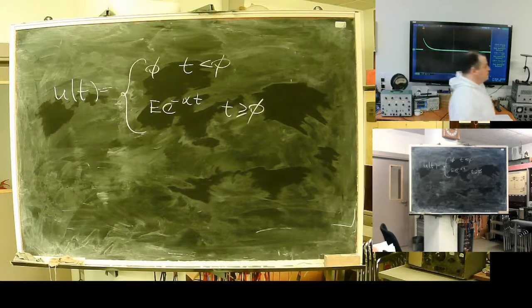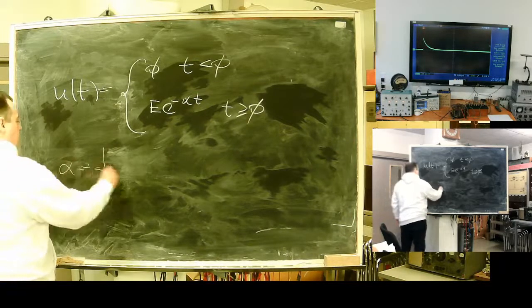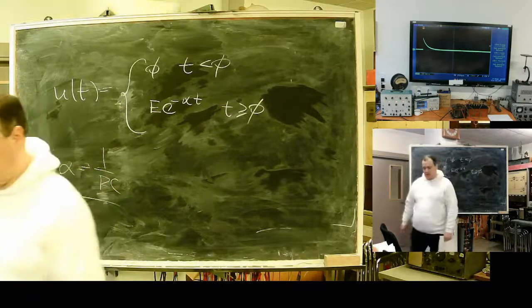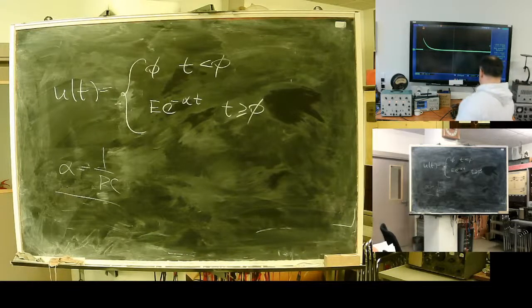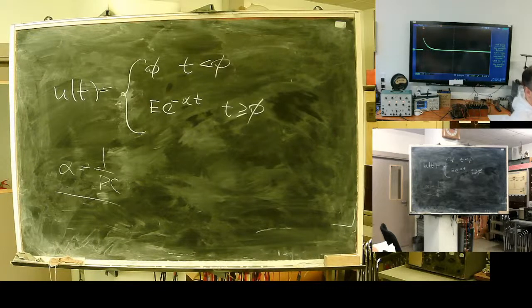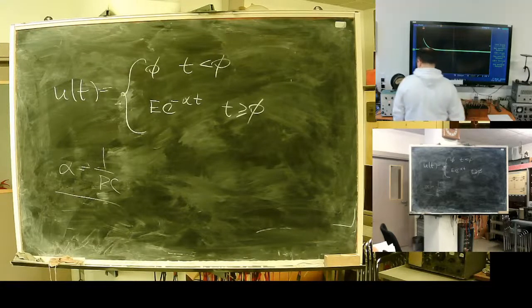A non-periodic signal. Here, in our case, it is a circuit, but it's not important. It can be a coil. Coil voltage will have the same exponential form. So, our yellow non-periodic friend.